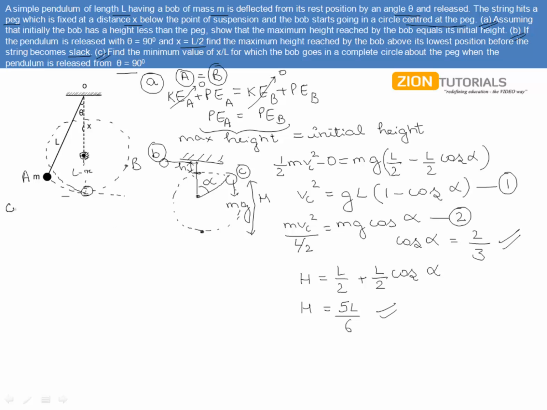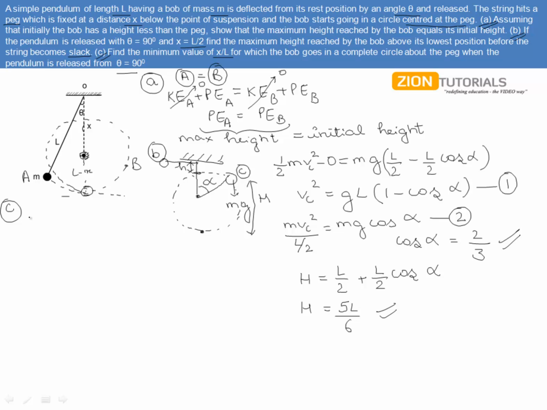Now proceeding with the third part of this question, which is to find the minimum value of x by L for which the bob goes in a complete circle about the peg. Now when will this bob complete the circle? This will be when the tension becomes 0 at the highest point, because after that, that momentum will compel it to complete the motion. So this alpha actually becomes 0 in that case.